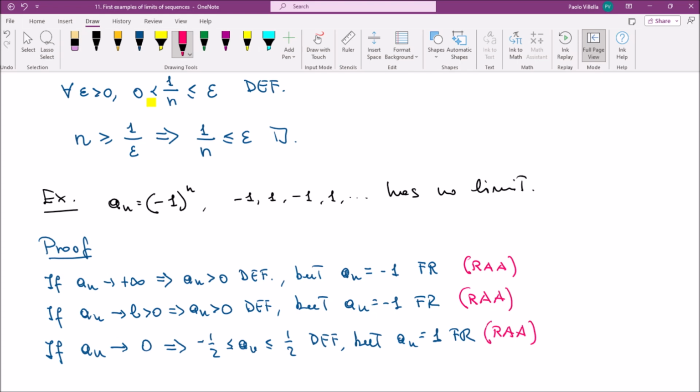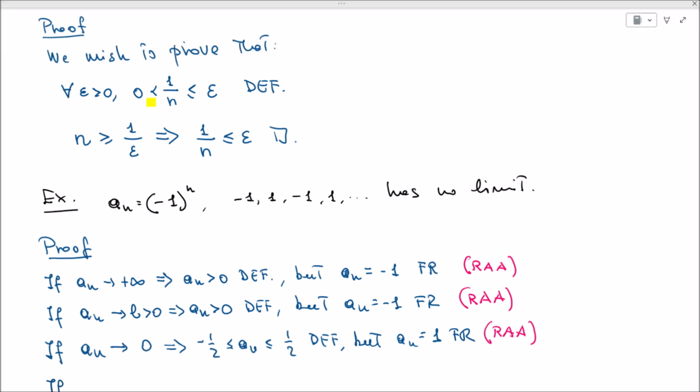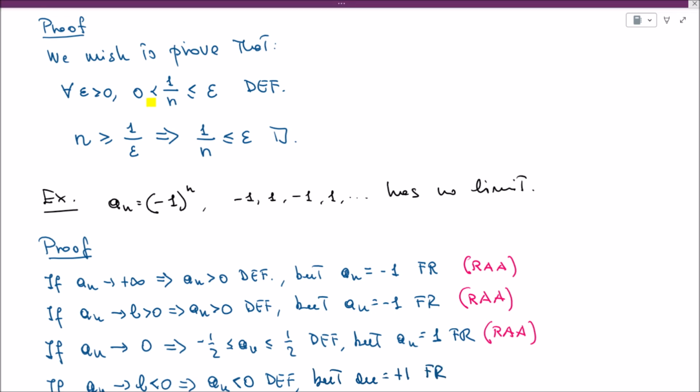Okay, so let's consider now if a_n will tend to some L less than 0, so it's convergent to L less than 0. Well, that would imply that a_n will be less than 0 definitively, but again, because a_n will be equal to +1 frequently, this is also impossible.